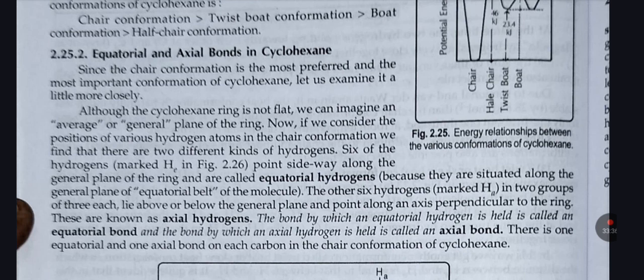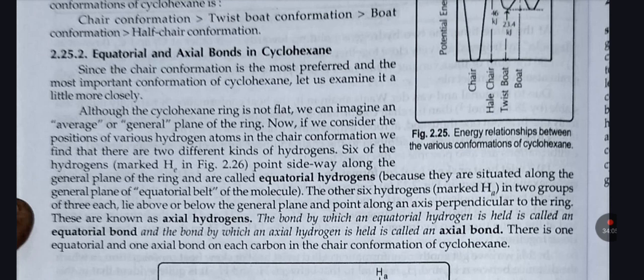Equatorial and axial bonds in cyclohexane. Since the chair conformation is the most preferred and the most important conformation of cyclohexane, let us examine it a little more closely. Although the cyclohexane ring is not flat, we can imagine an average or general plane of the ring. Now, if we consider the position of various hydrogen atoms in the chair conformation, we find that there are two different kinds of hydrogens.